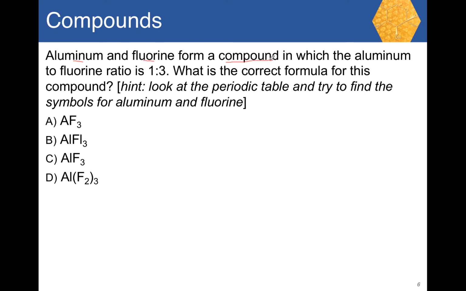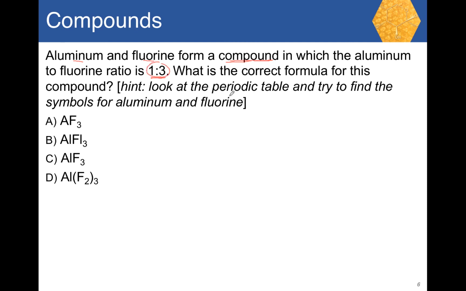Notice a compound here in which aluminum and fluorine has a fixed ratio of 1 to 3. 1 to 3, fixed ratio for a compound. So the question now is, what is the molecular formula of that compound that has aluminum and fluorine in a fixed ratio of 1 to 3?